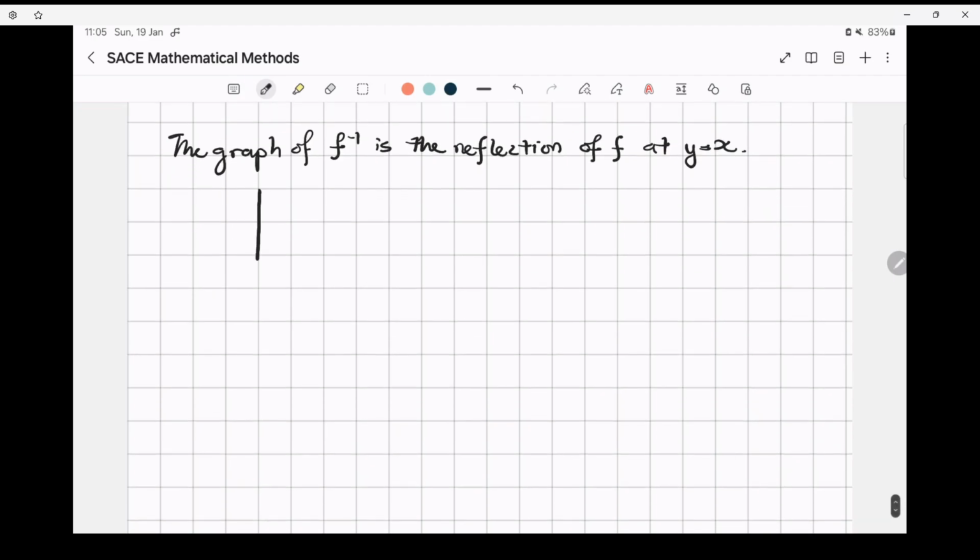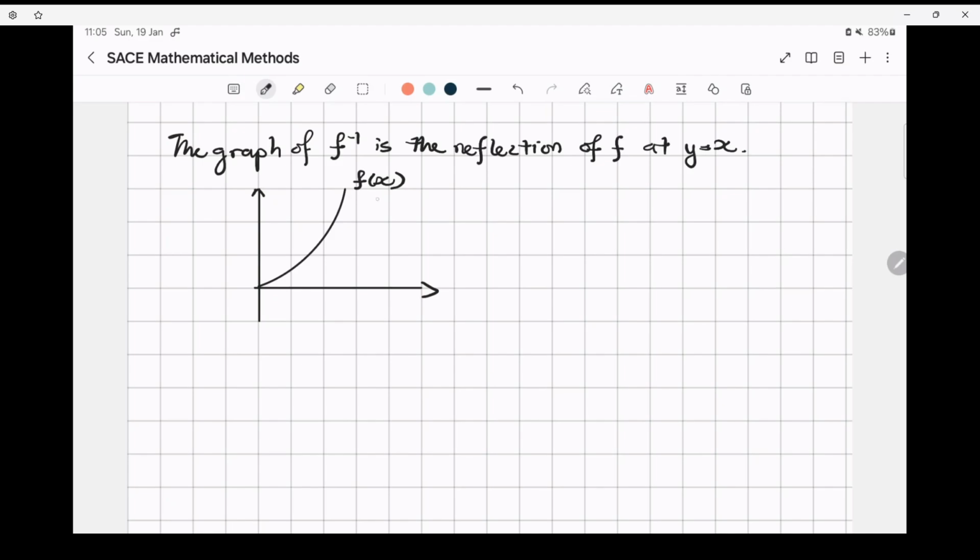So let's say this is a quadratic equation, and this is f of x.